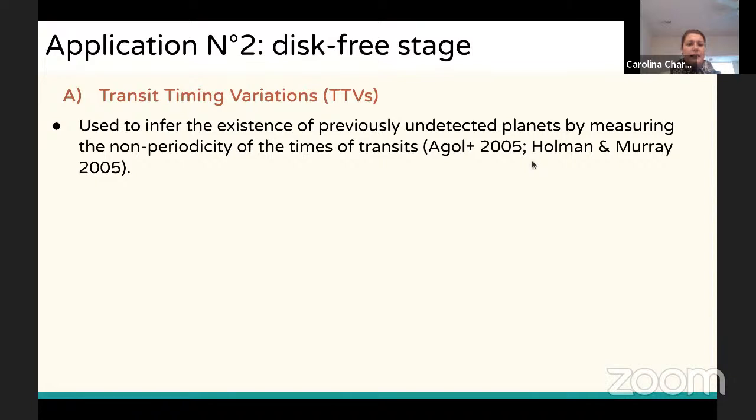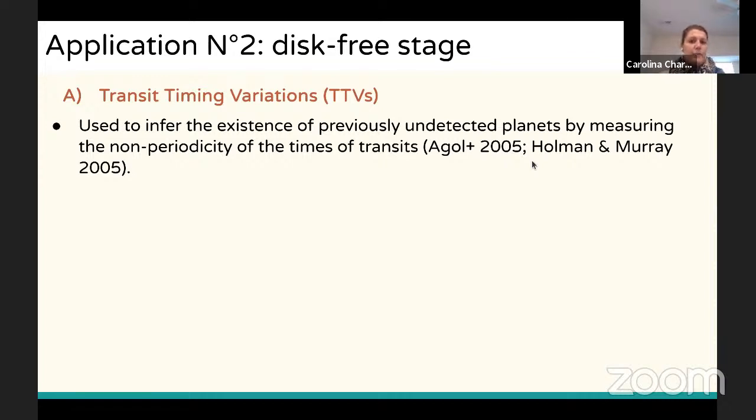So basically, this is an observational technique that is used to infer the existence of non-detected planets by measuring the non-periodicity of the transit. So if there was only one planet transiting a star, we would see a really periodic orbit, also a very precise transit.